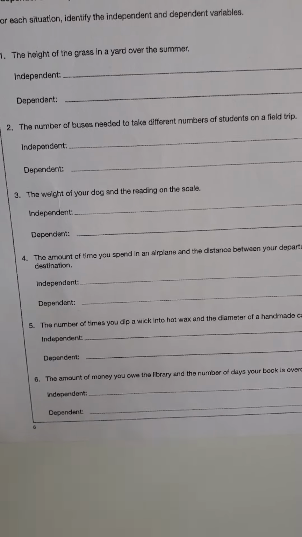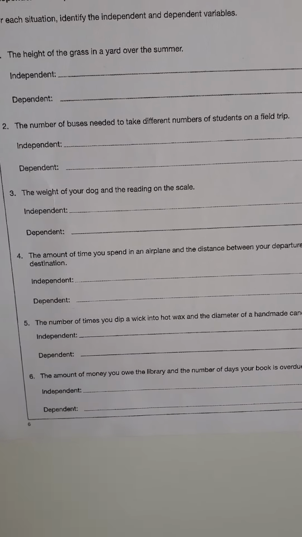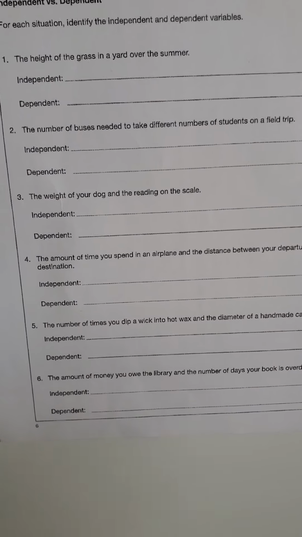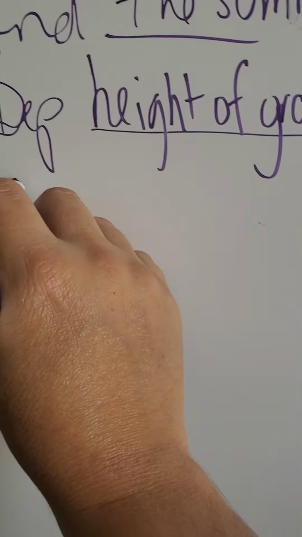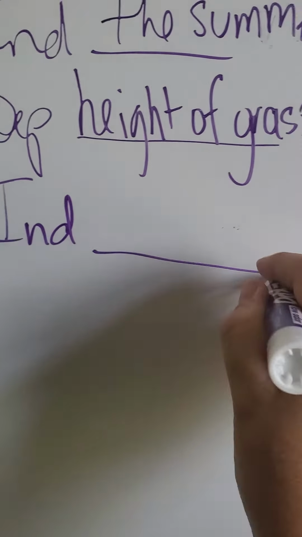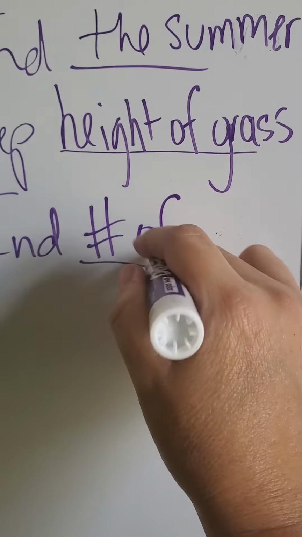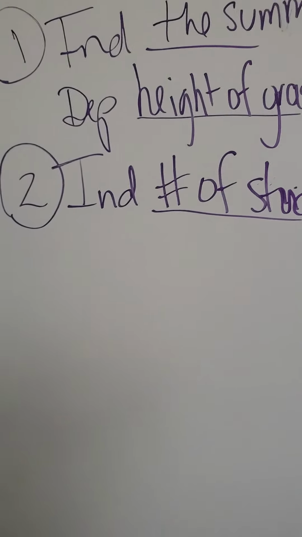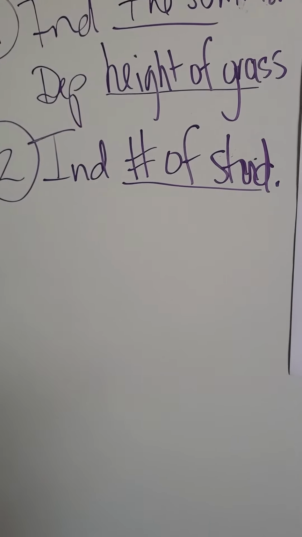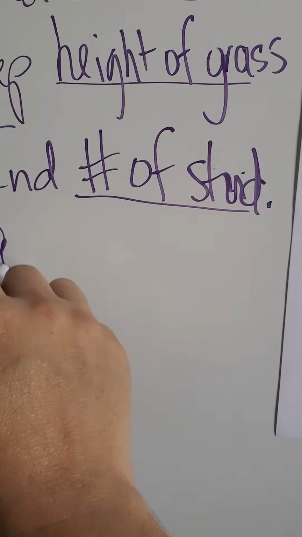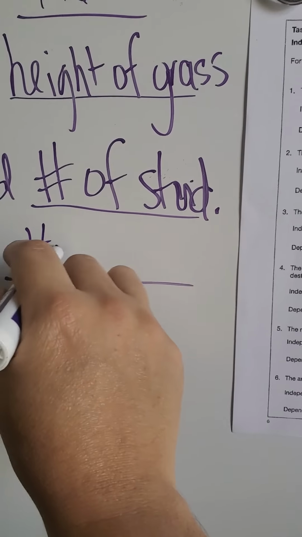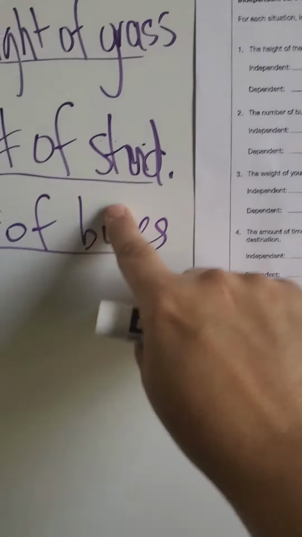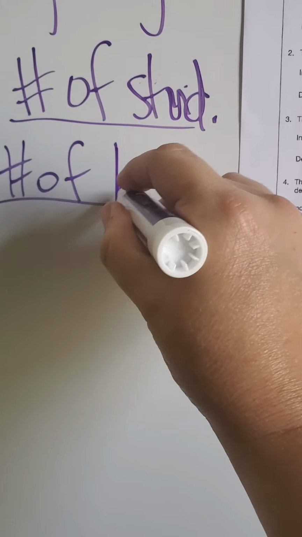So if I'm looking at this, the number of students is going to be my independent. So on number 2, independent, number of students. Does that make sense? And then my dependent will be number of buses. I'm sorry, my handwriting is atrocious right now.